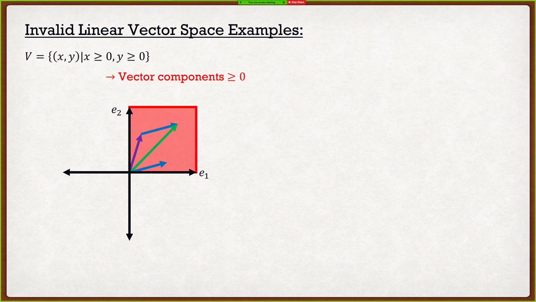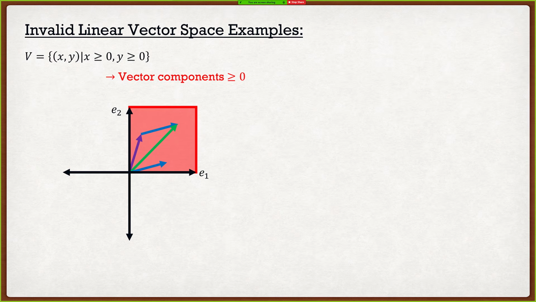Now, the second axiom, which I said to always look at, is axiom number 6, which is that any multiplication by a scalar must also be within our vector space. And this is where things go bad for this particular vector space. Let's look at that purple vector. If I multiply that vector by, let's say, 2, the length of that vector is simply going to expand by a factor of 2.